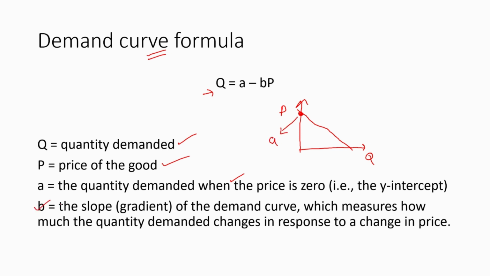B is the slope or the gradient of the demand curve, which measures how much the quantity demanded changes in response to a change in price. This is the gradient of the slope. This is the y value, this is the x value. So this will be the gradient B. Using this equation, we can find the demand or the price.